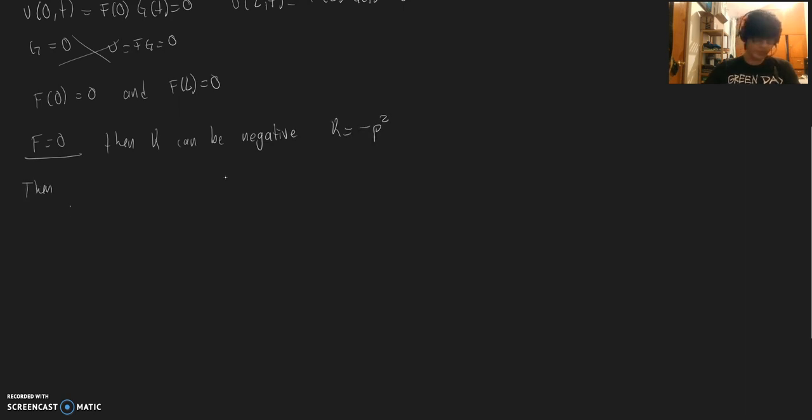Then the equation can be rewritten as f double prime plus p squared times f equals 0, which has a general solution f equals a cosine of p times x plus b sine of p times x. That will be a solution of this ordinary differential equation.